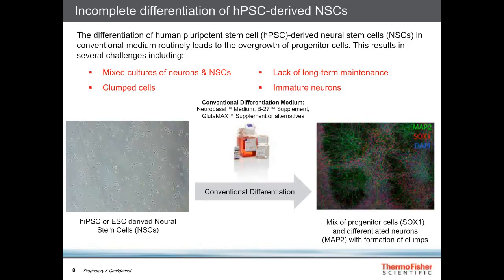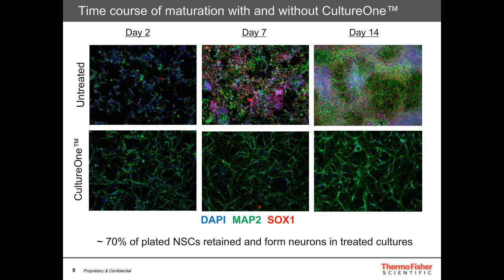The first and foremost being that they're no longer a pure population of neurons, or rather of cells, period. They're a mixed population of progenitor cells and cells that are either in different states of division or have not yet committed to a differentiation pathway. So this is meant to show what the issue is. Some staining in the lower right, showing this mixture of progenitor cells as indicated by the red SOX1 staining, and then differentiated neurons by MAP2 staining.